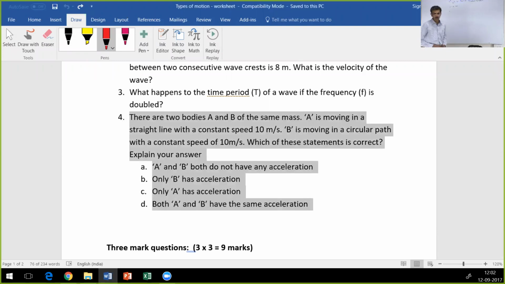A is moving in a straight line with a constant speed of 10 meters per second. B is moving in a circular path with a constant speed of 10 meters per second. Which statement is correct? There are 4 statements. Which statement is correct? And explain your answer.